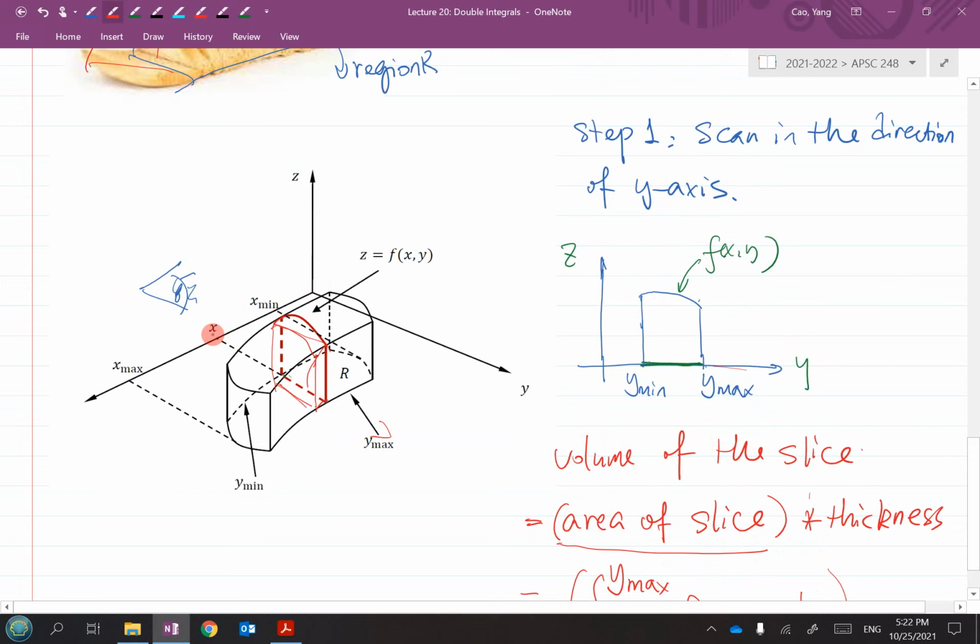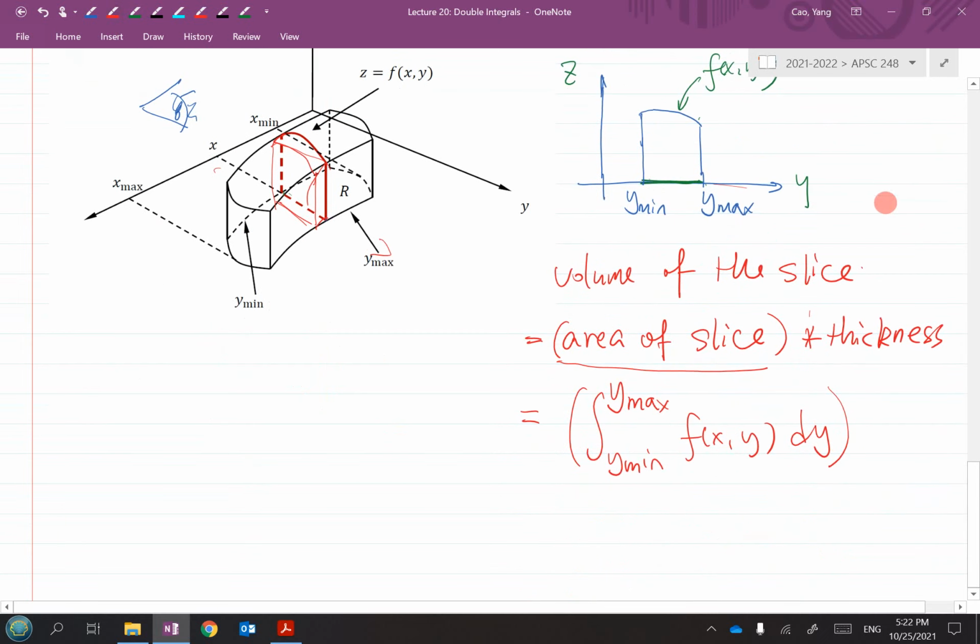So while you're going along the y-axis direction, the x value is being treated as if it's a constant. Even though you do have both x and y here, you're treating x as constant because you're not changing x. You're scanning in the y-axis direction.